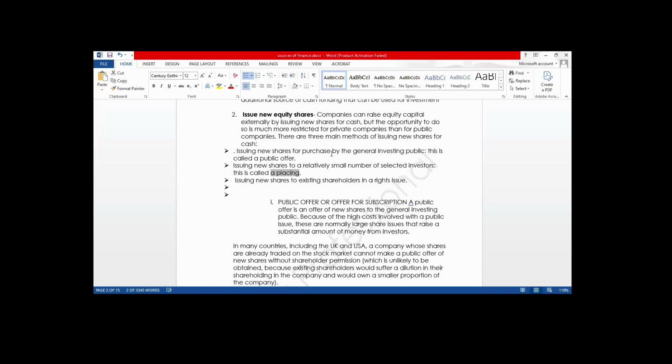When you issue shares to a small number of investors, these investors can buy the whole shares. One investor can buy the whole shares. That means ownership structure can change. Percentage of ownership can change over time. And that can lead to dilution in ownership and control.